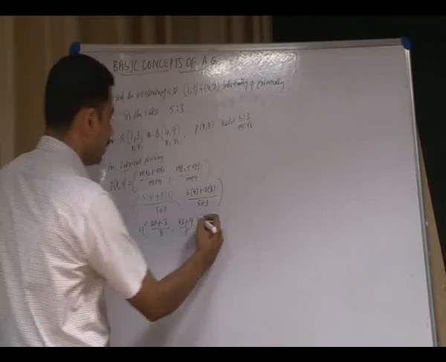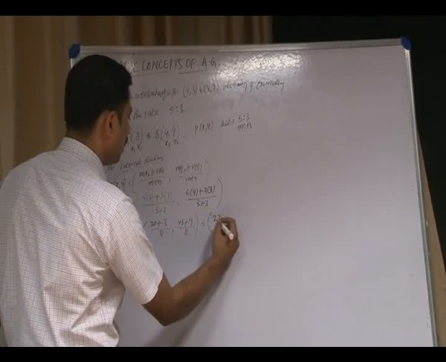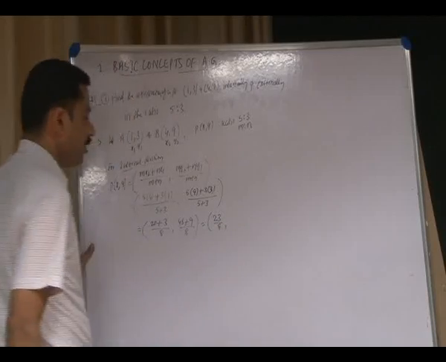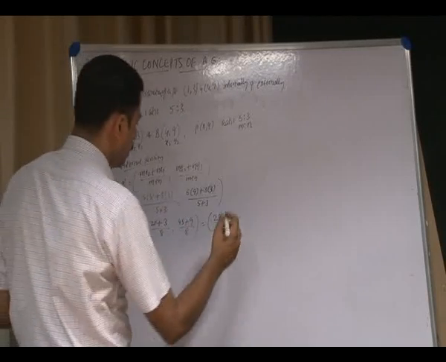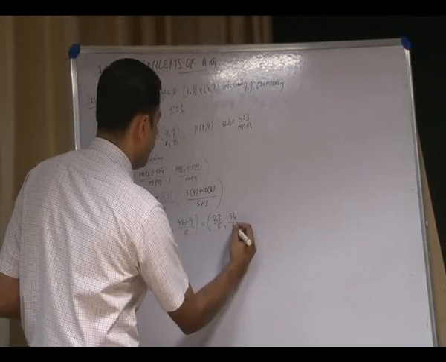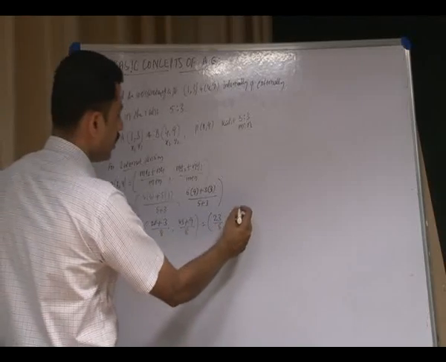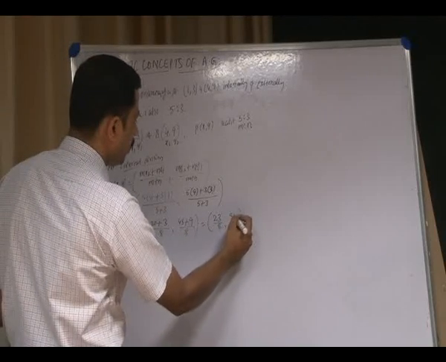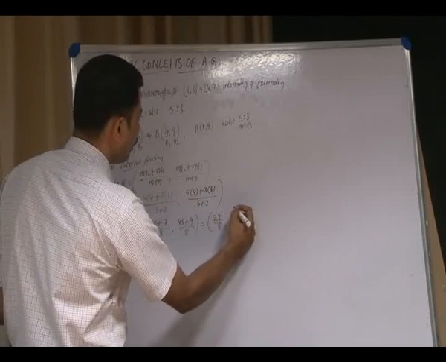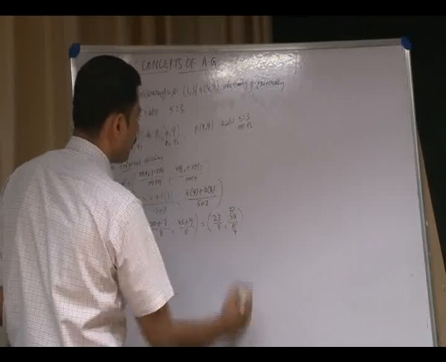Or you can write this as 23 divided by 8, and 45 plus 9 is 54 divided by 8. 54 by 8 is divisible by 2, so dividing by 2 you get 27 divided by 4.